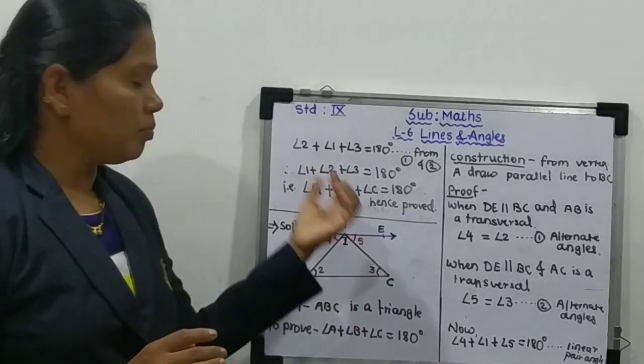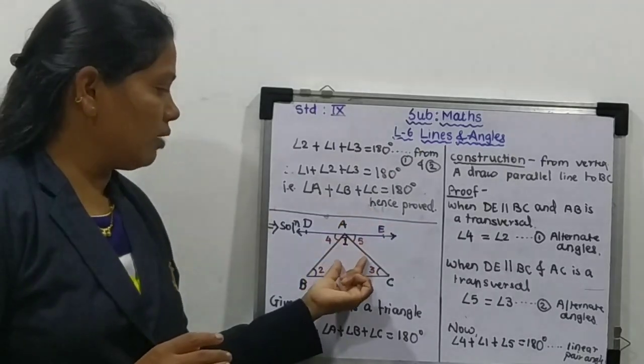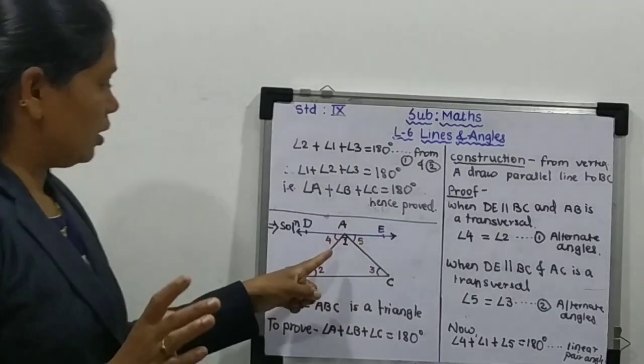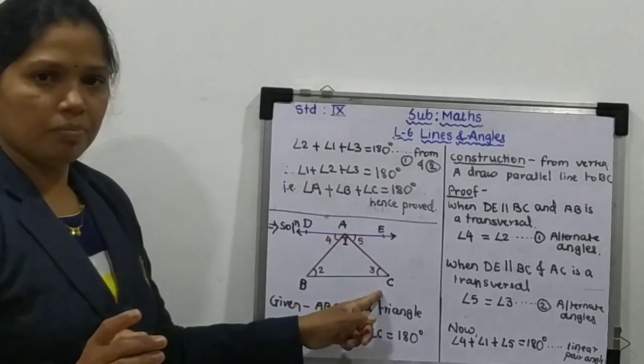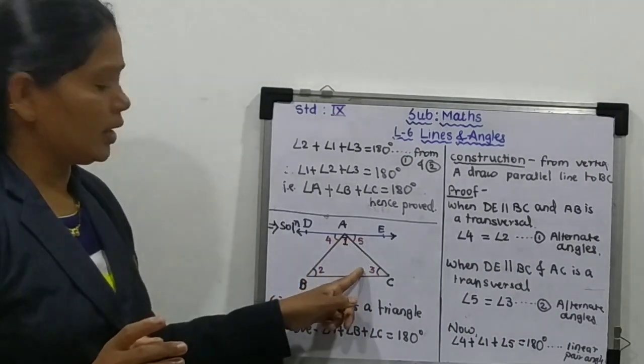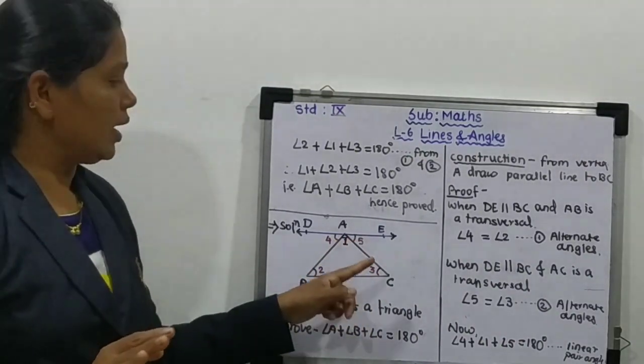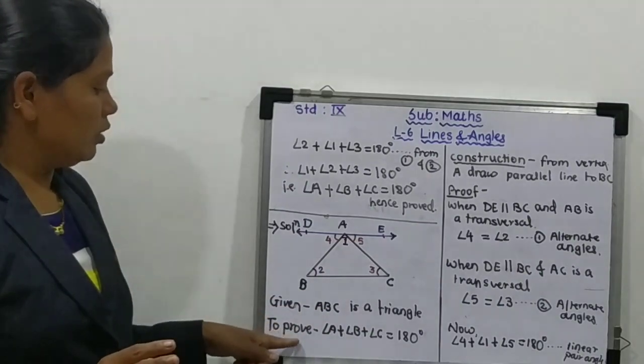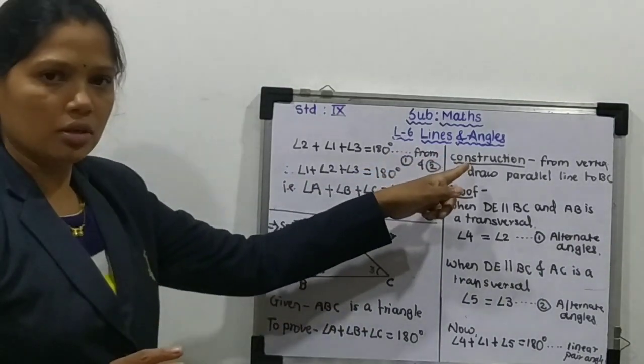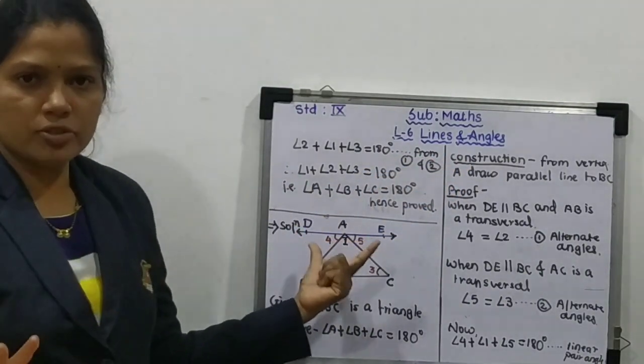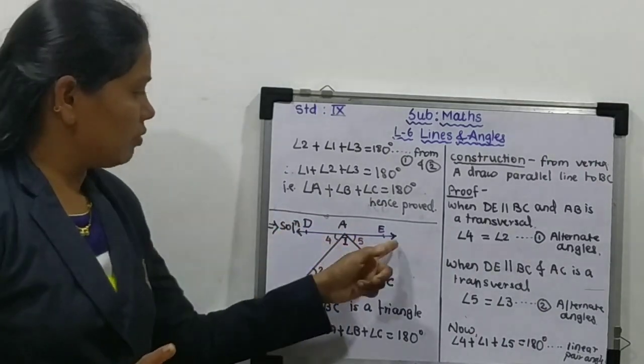So from the given information we have drawn simply a triangle, labeled it as ABC, then angle 1, angle 2 and angle 3 labeled. After that we have written given, to prove and construction. Without construction this proof is not possible. So we have done the construction.